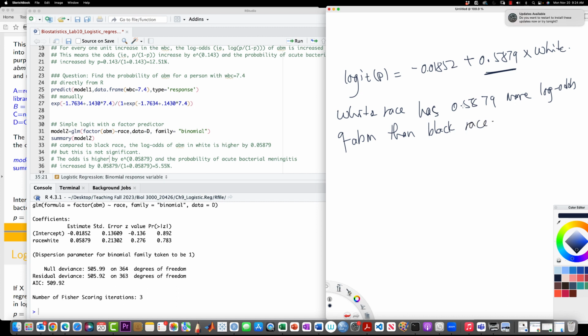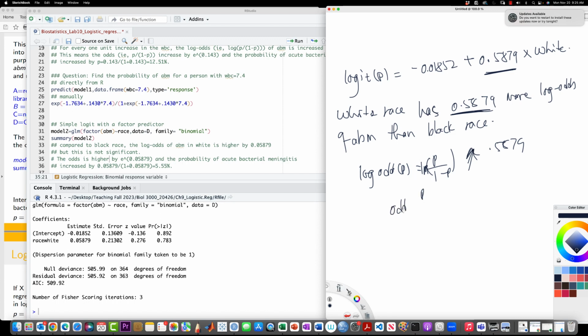So this is for the log odds though. Because this is log odds of p, which is the same as log of p over 1 minus p, ln of p over 1 minus p, it goes up by 0.5879. But if you get rid of the log, then you get odds.